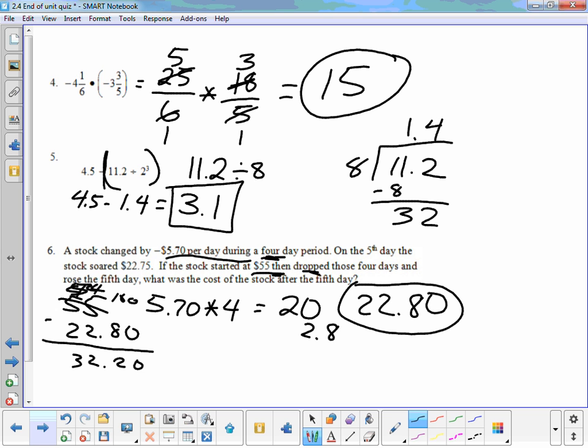And now after that, it went up 32.20 plus 22.75. And many kids will notice that they were very close. They might have been off one digit, $54.95. So we actually only went down 5 cents over that whole time.